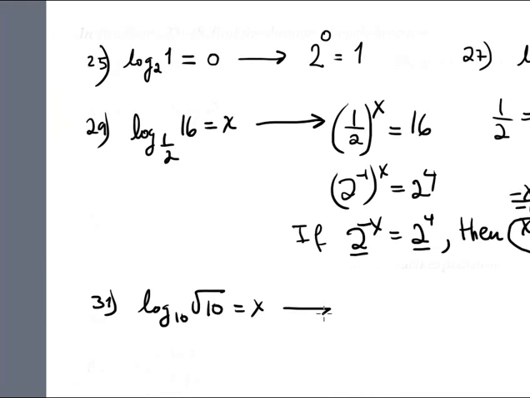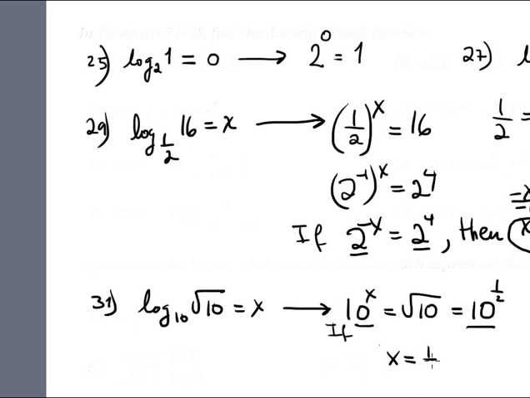The base is 10, the exponent is x, and this is radical 10. And radical 10 is obvious, it's 10 raised to the 1/2 using fraction exponent. Now the conclusion is, if this is equal to that, and the same base, the exponents are the same. The answer is 1/2.